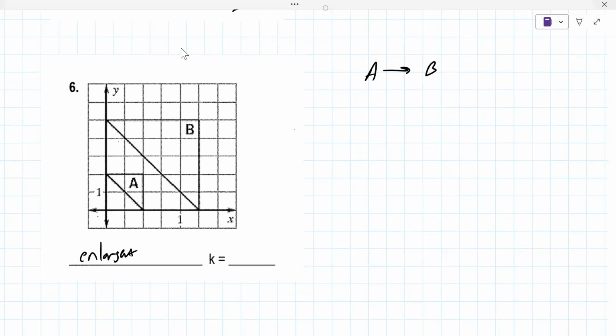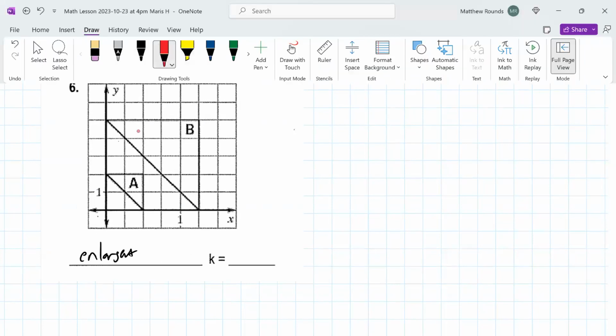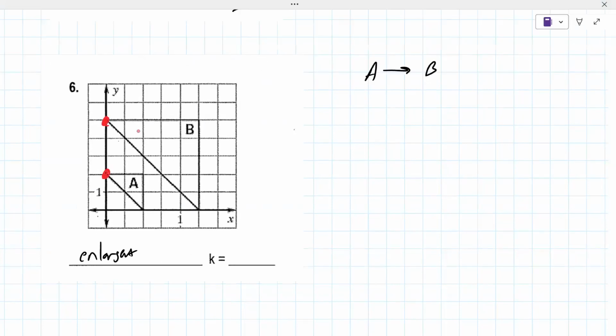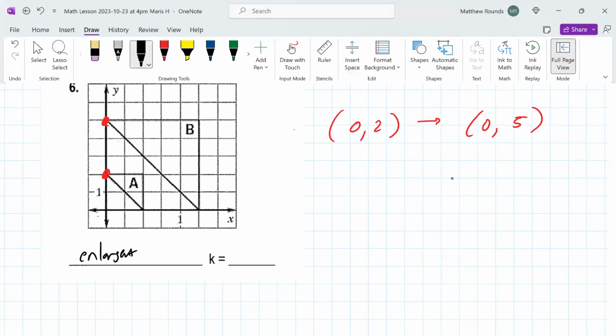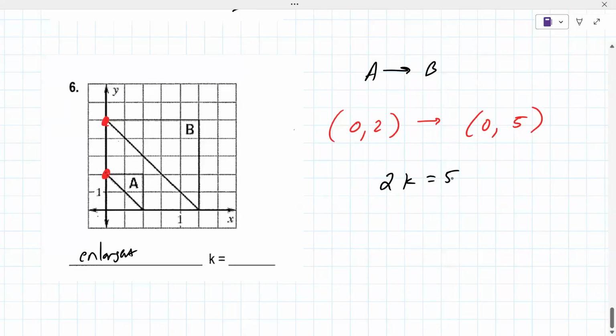And if I pick these 2 points, it's 0, 2 goes to 0, 5. Well, how do you go from 2 to 5? Well, it's really like an equation. It's 2k equals 5, divide by 2, divide by 2, so k equals 5 halves.